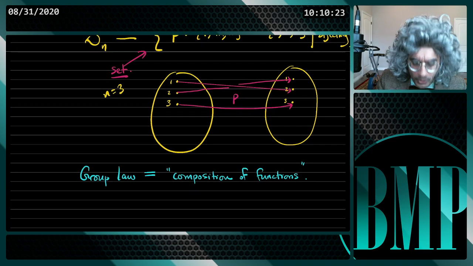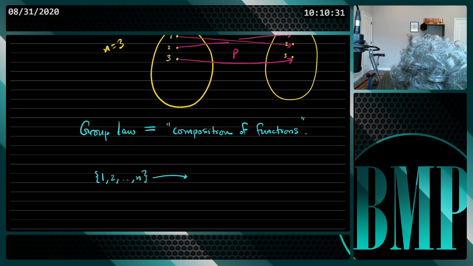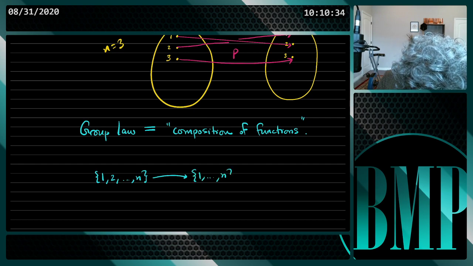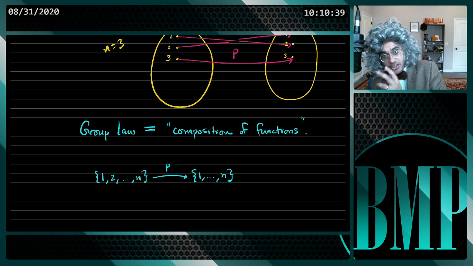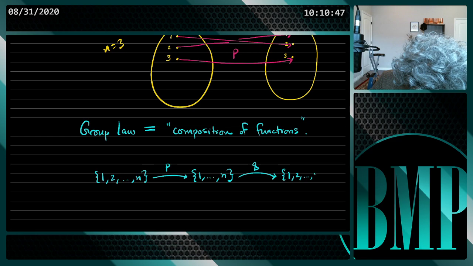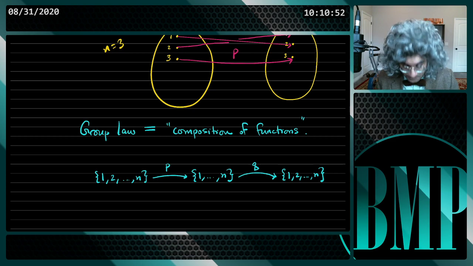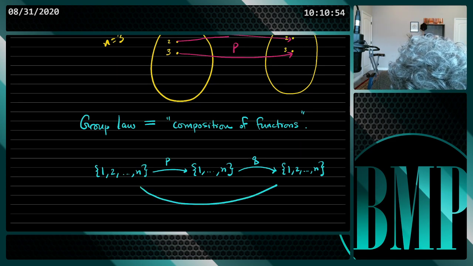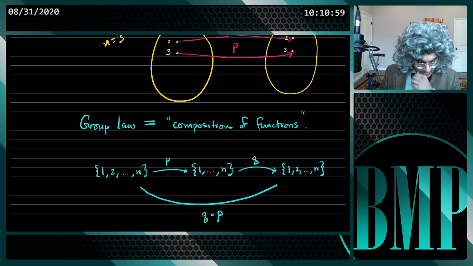Okay? So here's the point. If you have one bijection from a set to itself, and then you have another input-output function, which is a bijection, then what's called P then Q, right?